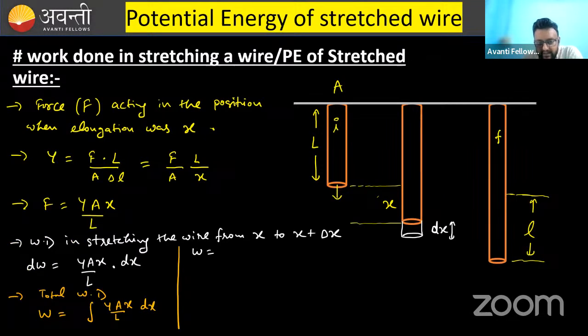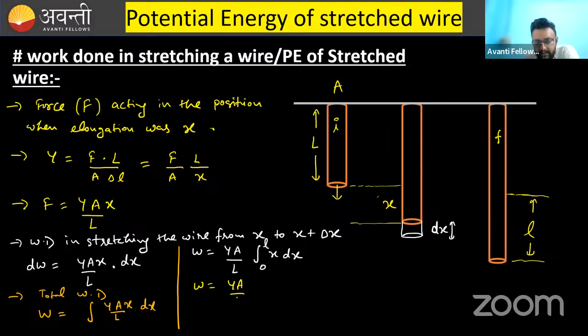Work done is equal to, take the constants out of the integration. Y A by L is a constant. What will be left behind? x dx. What will be the limit of integration? You are stretching the wire from its natural length by a distance L. So the limit will be 0 to L. Now integrate it. You know the integration.